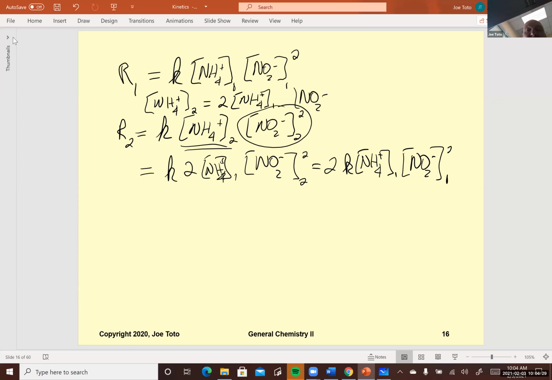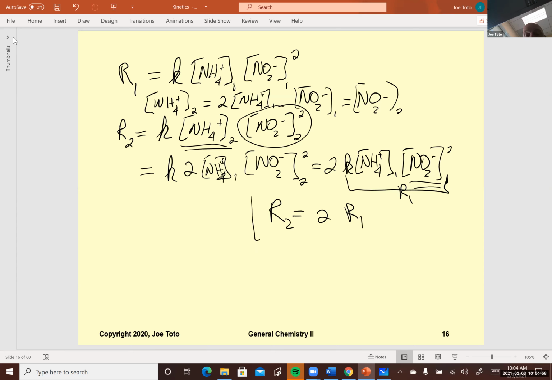NO2 minus in 1 equals NO2 minus in 2. So they're the same. And now I can see that this rate for 2 equals 2 times rate 1. So do you see how that rate law shows what we see experimentally for a doubling of ammonium?